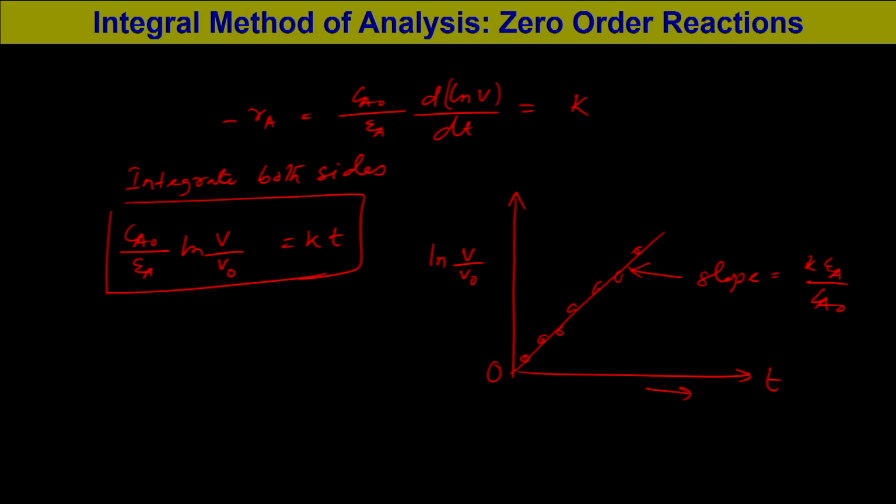This is when epsilon A is greater than 0. When it is less than 0, the curve will lie in the opposite direction. So, it would be like this, and the slope would be the same, K into epsilon A by Ca naught, and this is only for epsilon A less than 0.